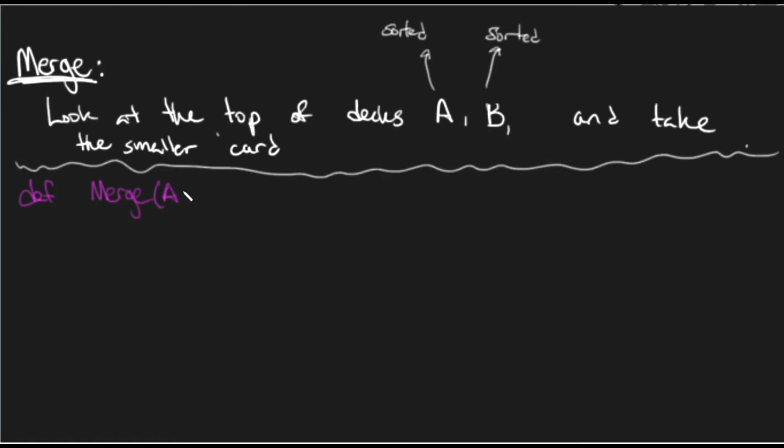We're going to merge these two decks of cards, A and B. So first we should define a result array where we're going to store the result as an empty deck of cards. Technically an empty array, but we can just think of it as an empty deck of cards.